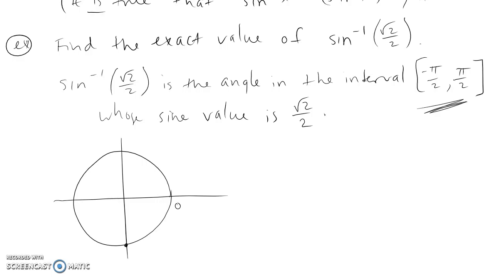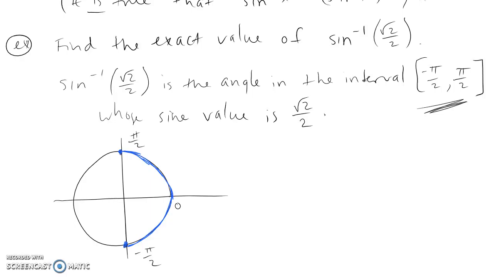Down here is negative pi over 2, and right here is pi over 2. So when we're looking at sine inverse, we're thinking about sine values, angles that all lie between negative pi over 2 and pi over 2.